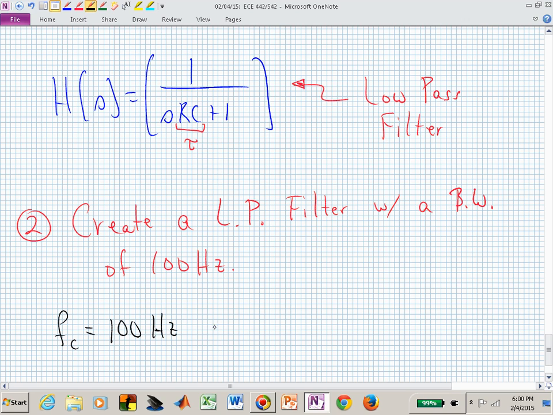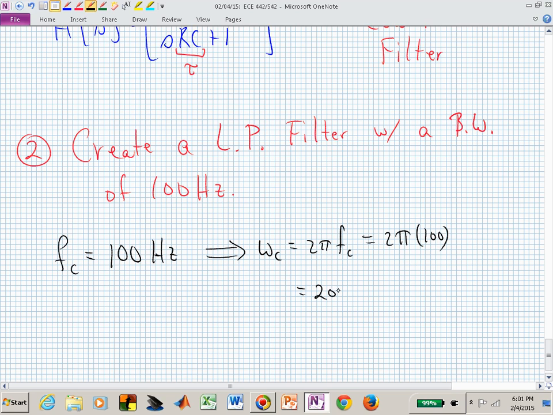So we actually need omega sub c, which is 2 pi f sub c, 2 pi 100. Now we have 200 pi. And pi doesn't matter that much for tonight.